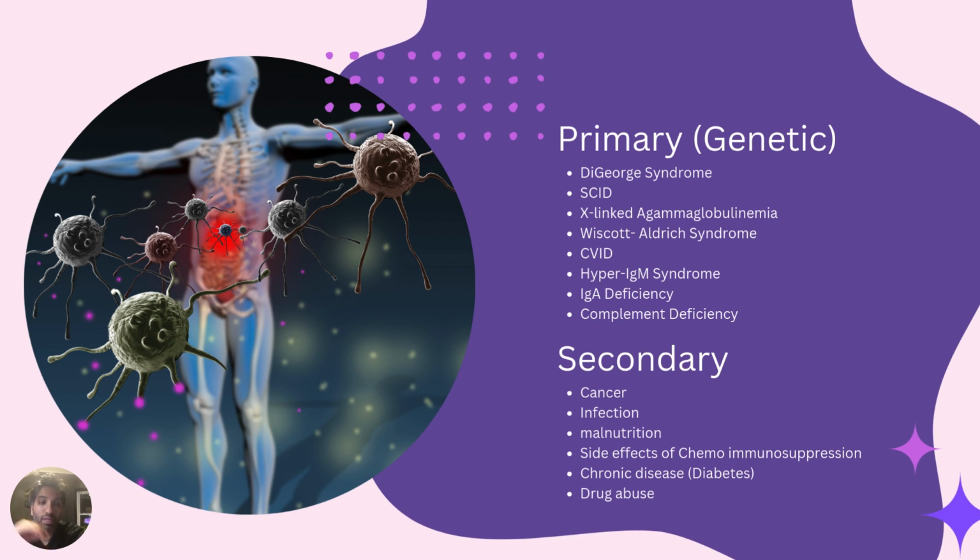Okay, and also a very important secondary cause is HIV and AIDS. Uncontrolled HIV leads to AIDS, which obviously is a big problem worldwide. But we're going to primarily focus on primary immunodeficiencies, so genetic immunodeficiencies.